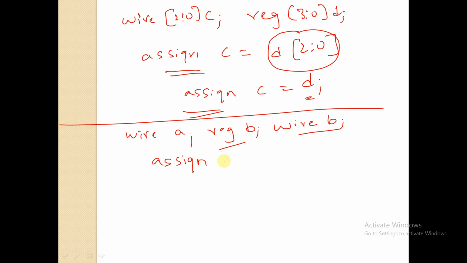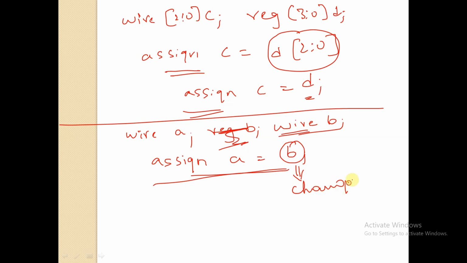So assign A is equal to B, with B as a wire type. Whenever there is a change on the right hand side, it will immediately affect the left hand side.